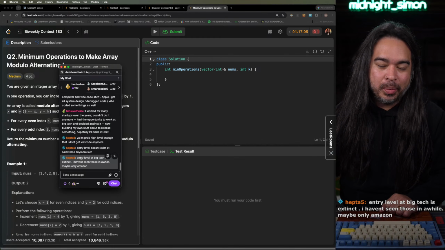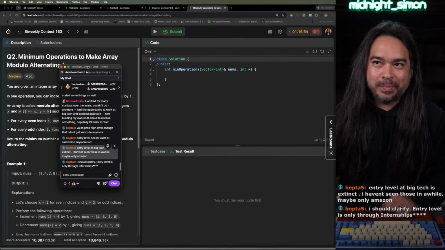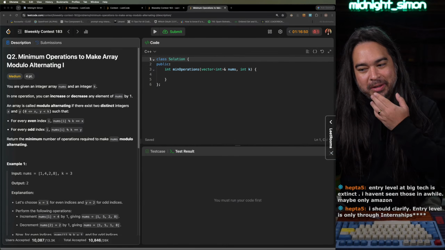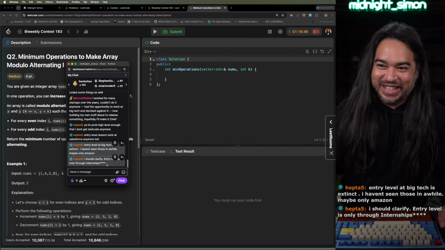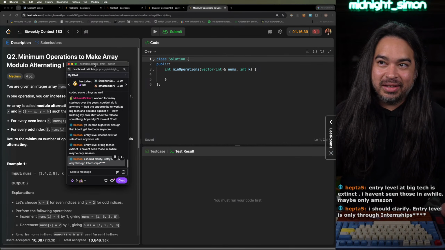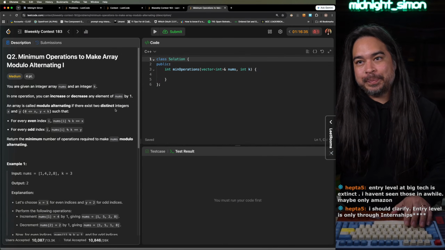I only met one L3 who was an industry hire. Like they had a job before and they got hired through the regular job application process and not as a returning intern. Entry level is only through intern. Yeah, that's what I was about to say, man. There's a lot of L3s, but if you didn't get an internship with that company, I think the odds are against you, it seems.